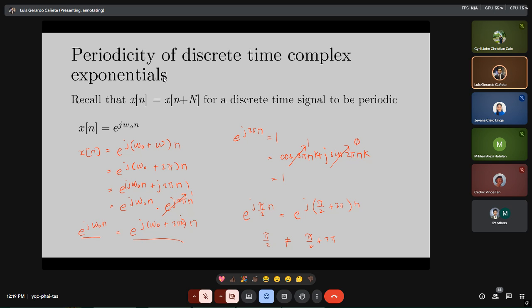It would just be a special case, an exception, whereas in here, any value of n would always evaluate to 1 when you substitute e to the j 2 pi multiplied by some integer. So that's the main difference, and it's this sort of unintuitive nature of discrete time signals.